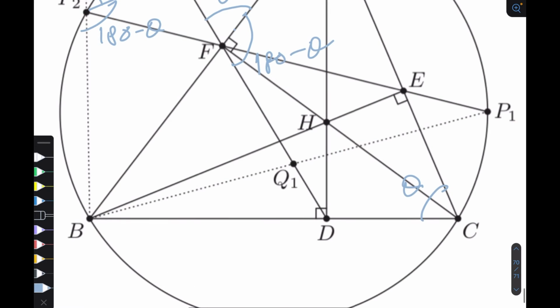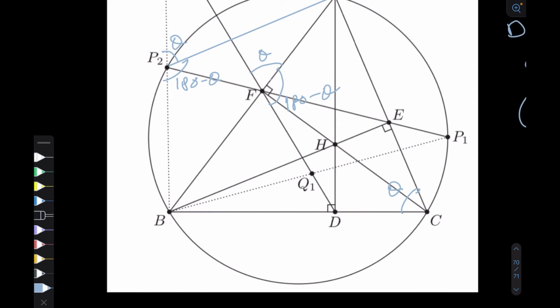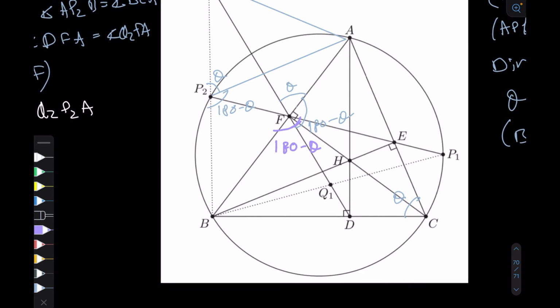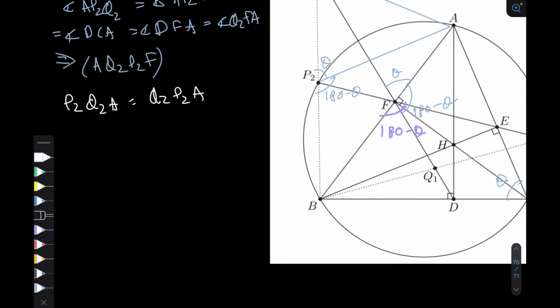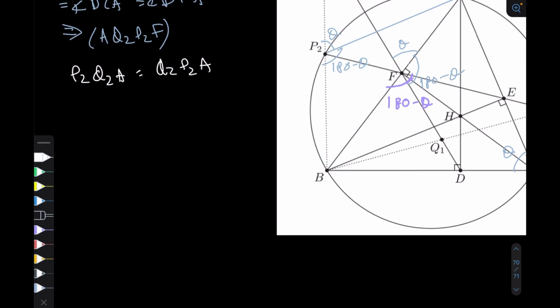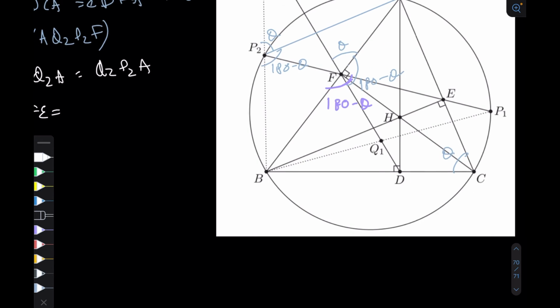So if this is theta, and we concluded that this whole thing is a cyclic quadrilateral, then it must be true that this angle, which is EFB, must also be 180 minus theta, because they must add up to 180 if they are in a cyclic quadrilateral. So in other words, here we can say that angle BFE is equal to BCE.